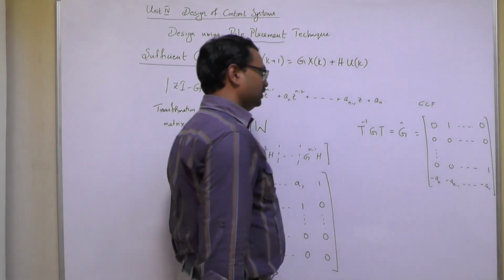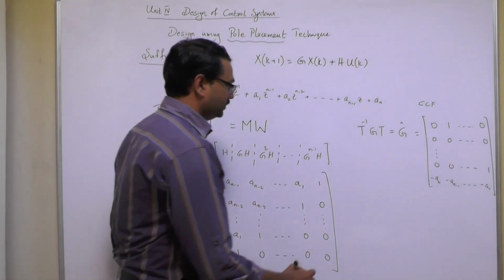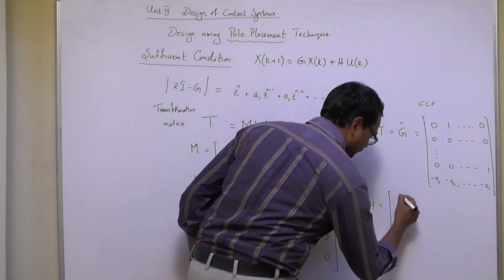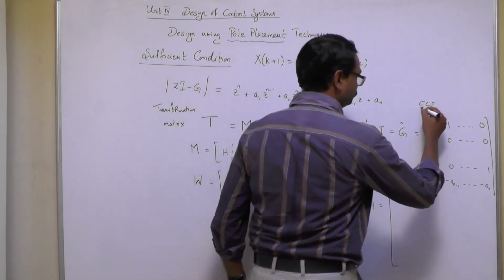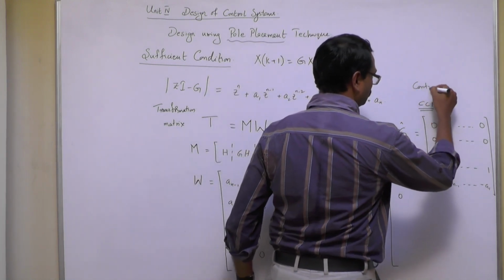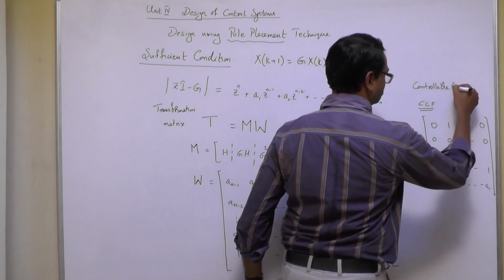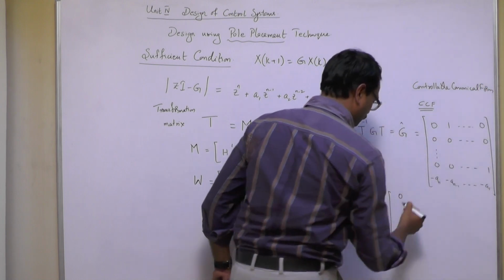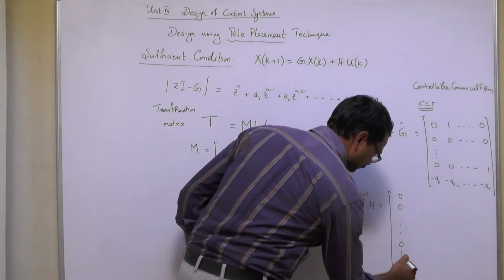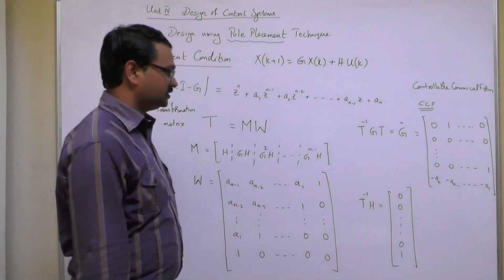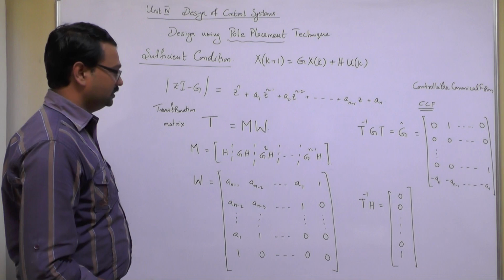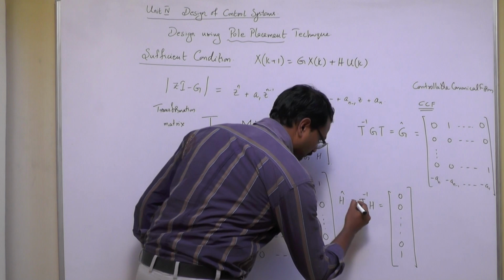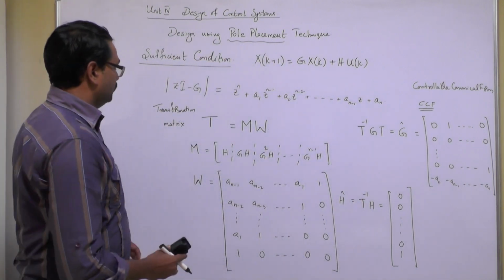This is the G cap for the controllability matrix. T inverse H is 0, 0, 0 and 1, and this is H cap. This is the controllable canonical form which we have discussed in our previous classes.